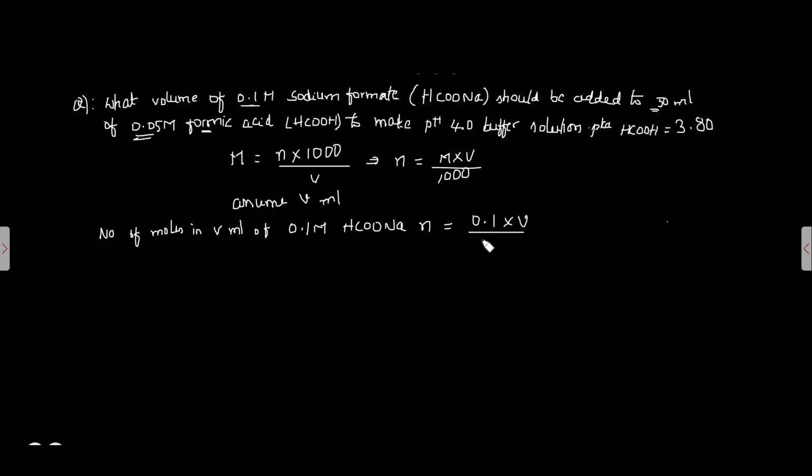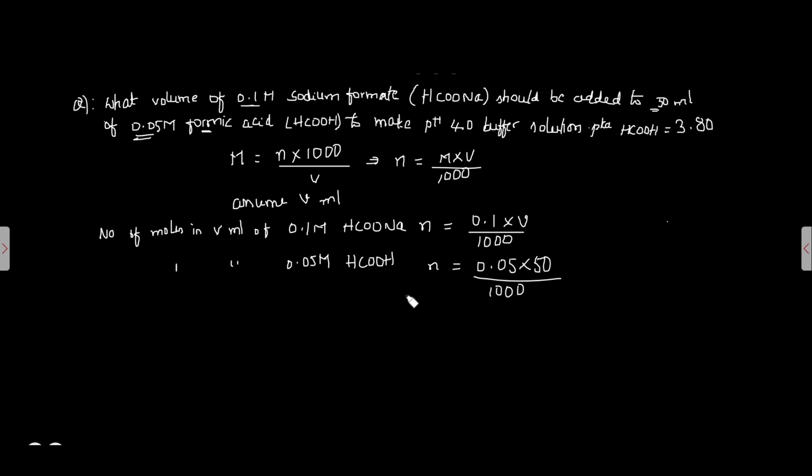That's why I'm writing V by 1000. In the same way, number of moles in V mL of 0.05 molar formic acid equal to 0.05, which is given, into V. What is the V here? 50 ml, right? 50 divided by 1000.